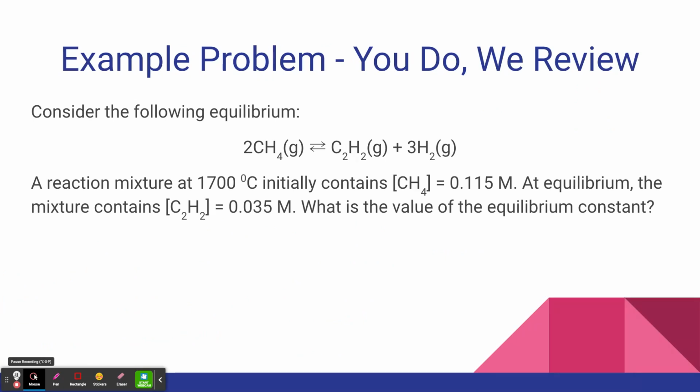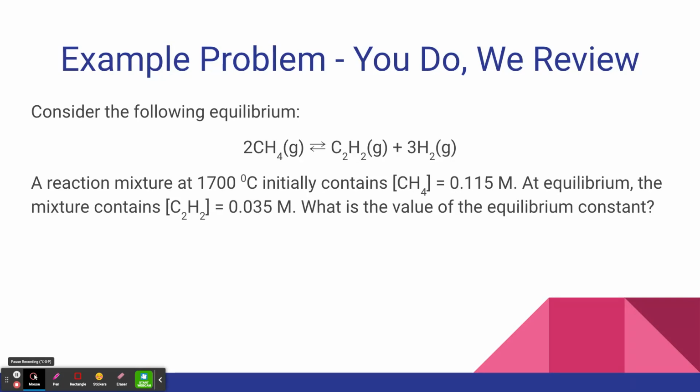All right, guys, we're going to move into our next problem here, which is going to be a you do, we review. Okay, so that says, considering the following equilibrium, we have methane in equilibrium with C2H2, which would be ethyne, and hydrogen gas. And it says, the reaction mixture at 1700 degrees Celsius initially contains a concentration of methane of 0.115 molar.